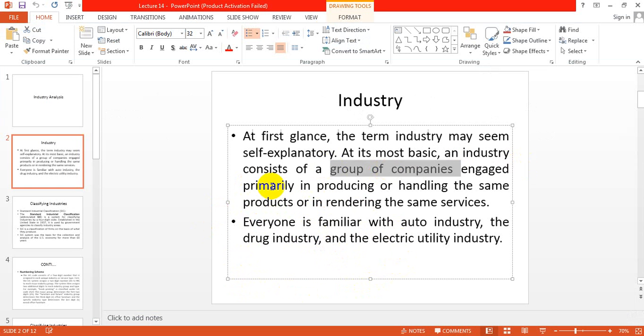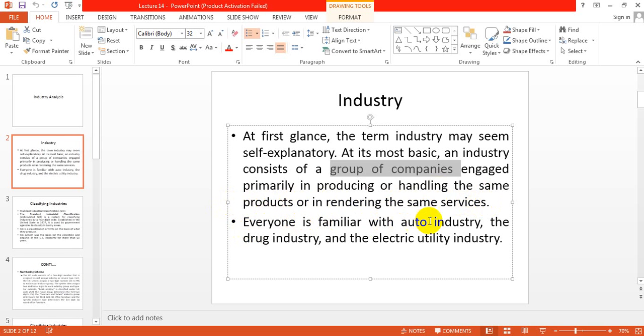So a group of companies engaged primarily in producing or handling the same products, or rendering the same services.